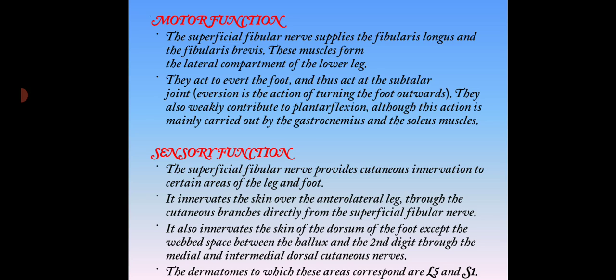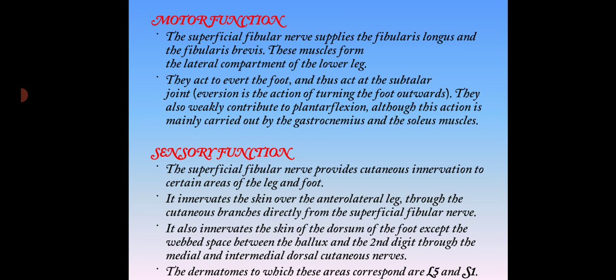Next, we are going to see the sensory function. The superficial fibular nerve provides cutaneous innervation to certain areas of the leg and foot. It innervates the skin over the anterolateral leg through the cutaneous branch directly from the superficial fibular nerve.